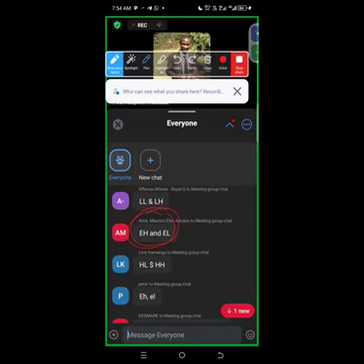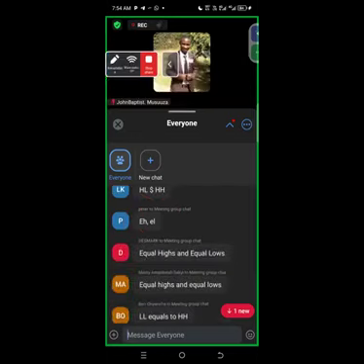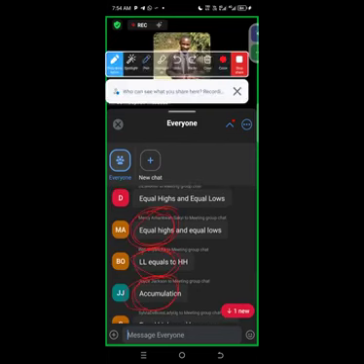Equal highs, equal lows. So from this, Lily, higher low, higher high? No, it is equal highs, equal lows. So Lily, correct that mistake. Yes, equal highs, equal lows.